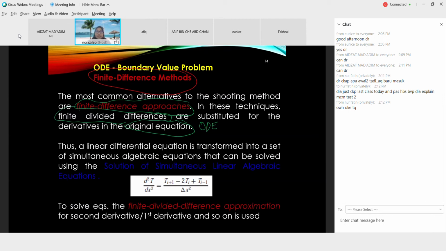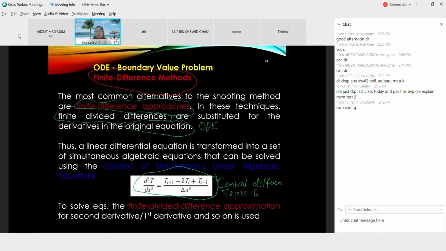So you know that the finite difference approximation using central finite difference is this formula. Please have a look at your Topic 6.